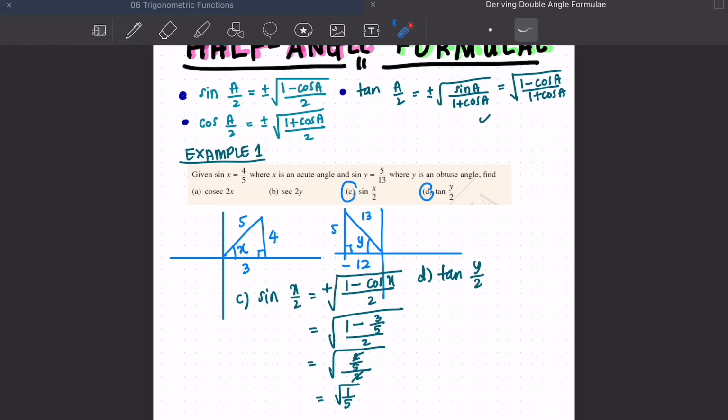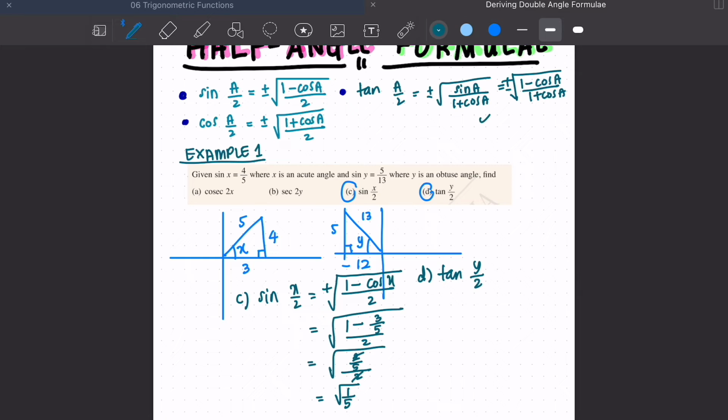If we halve the obtuse angle, we still get an angle y over 2 that is less than 90 degrees, so it is supposed to be here. That's why, when the formula involves plus or minus, here it is plus.